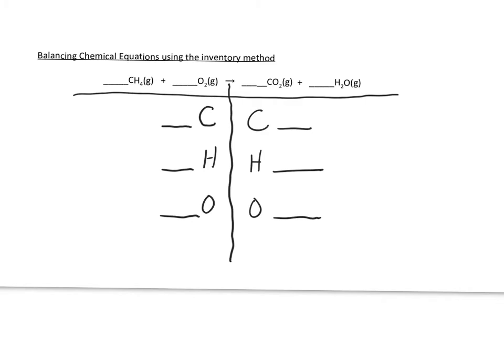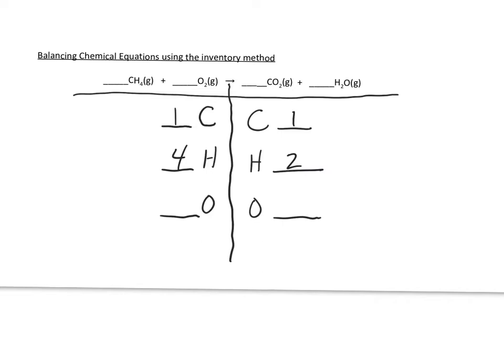Okay, now we need to count these out. On the reactant side, I have one carbon. There's just one carbon there. I'm going to write that one there. On the product side, we have one carbon, so I'm going to write one there. On the reactant side, I have 4 hydrogens. On the product side, I have 2 hydrogens, the 2 hydrogens that are with the water.